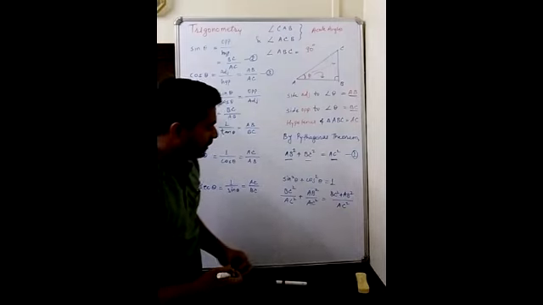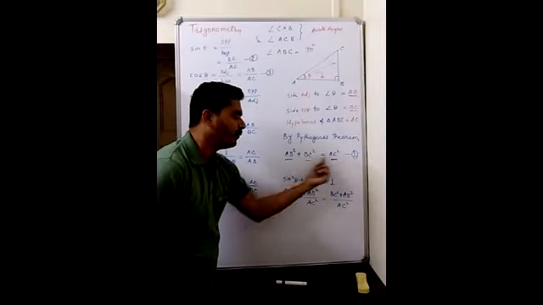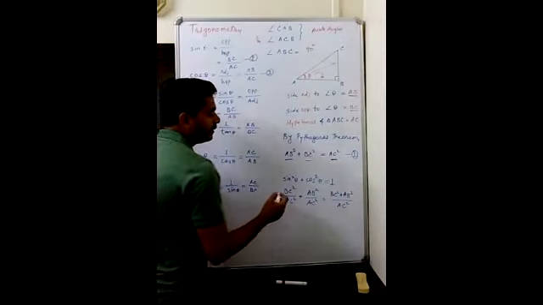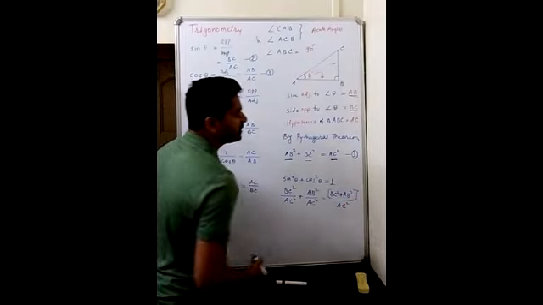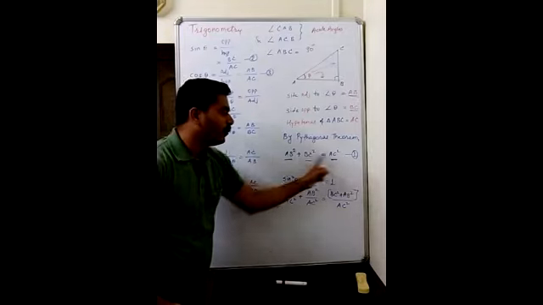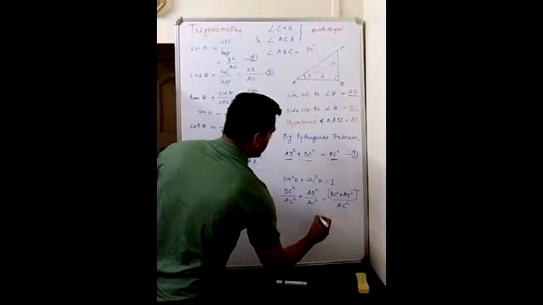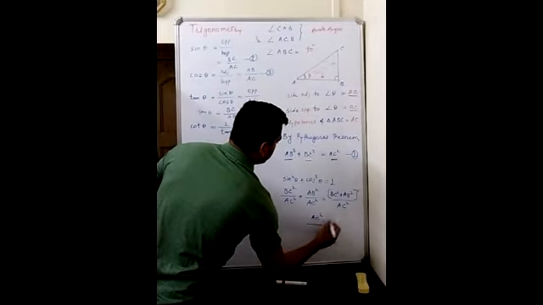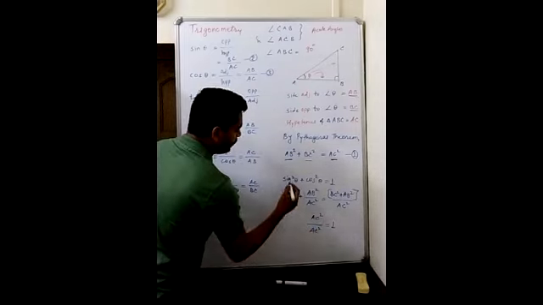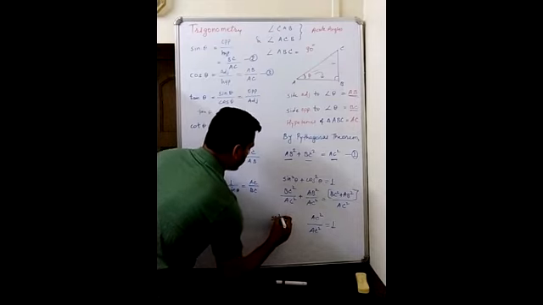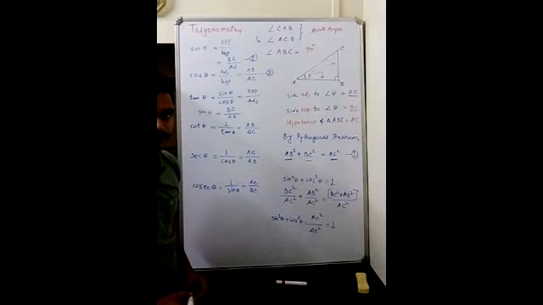If you compare this numerator with equation number 1, you will understand that AB square plus BC square is nothing but the LHS of equation number 1. So we can put this as AC square and the denominator will remain as it is, that is AC square, which is equal to 1. So we can write sine square of theta plus cos square of theta is equal to 1.